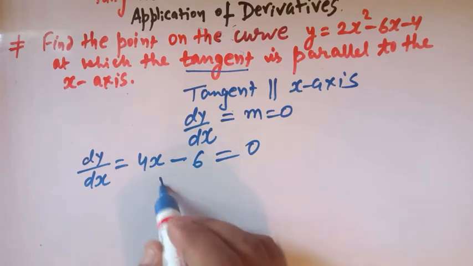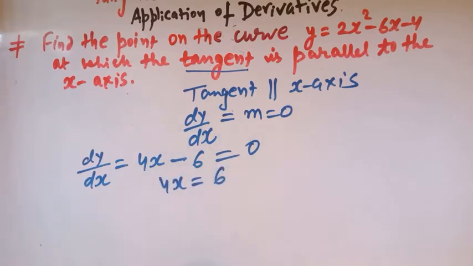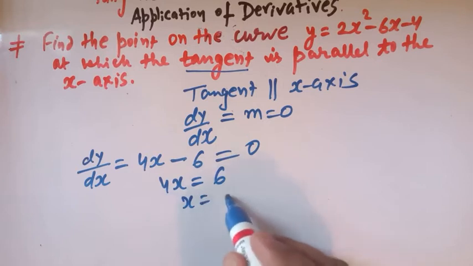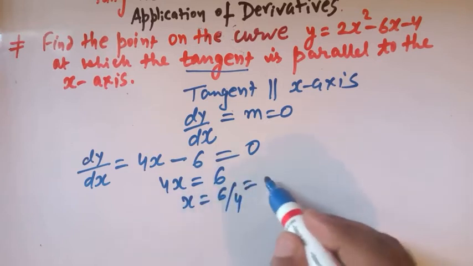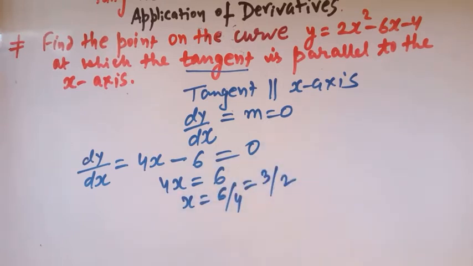Clear? So 4x is equal to 6, and we have x is equal to 6 over 4, that is 3 by 2. So the x coordinate of that point at which the tangent is parallel to x-axis is 3 by 2.